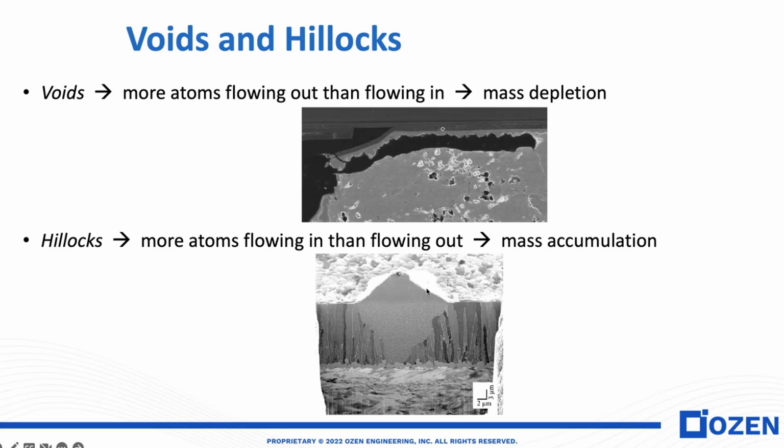You can see some pictures that describe that. Please note the scale here: we are looking at 10 micron level formation of a hillock here, and maybe the upper picture is the formation of a void.